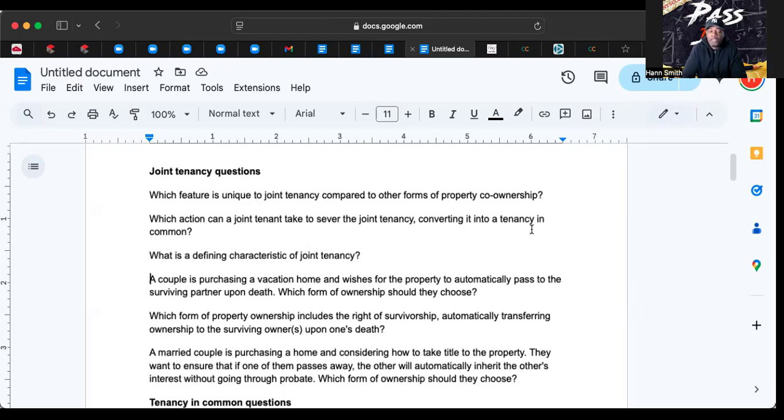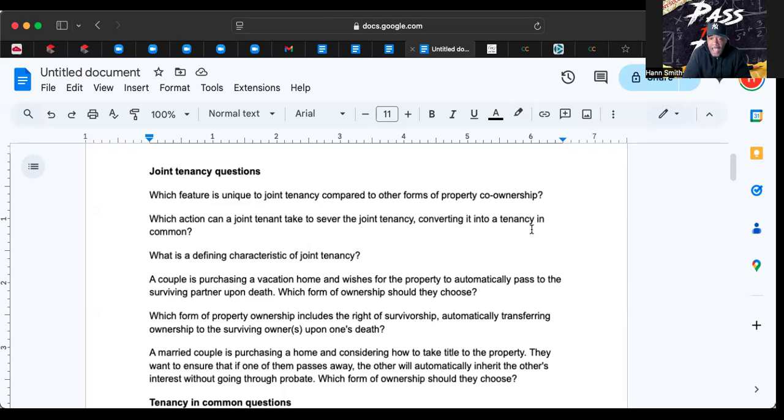This question is more technical. It's very unlikely that they would ask you something this technical on the test, but we can answer it.